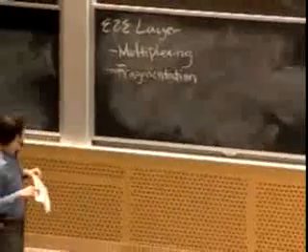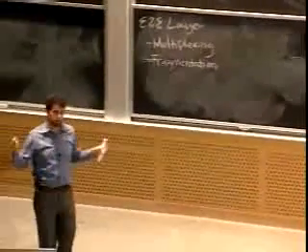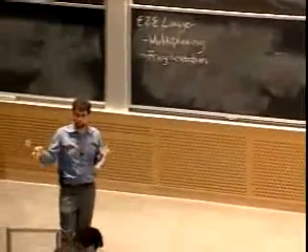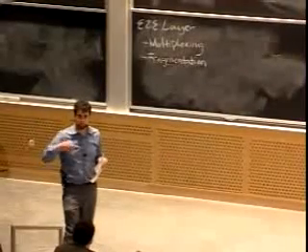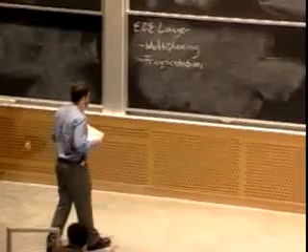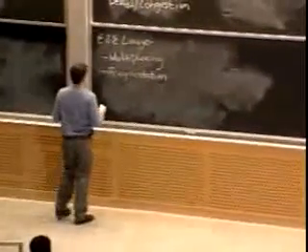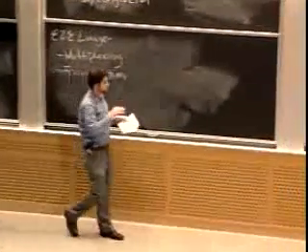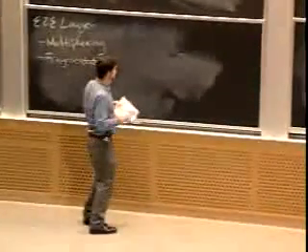So the end-to-end layer often takes a longer message and fragments it into smaller chunks, or fragments, and transmits each of those fragments independently as a separate message across the network.